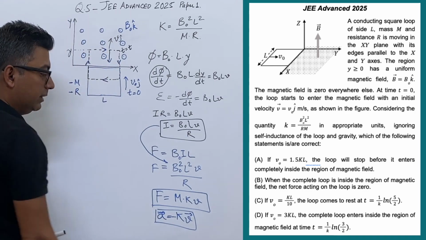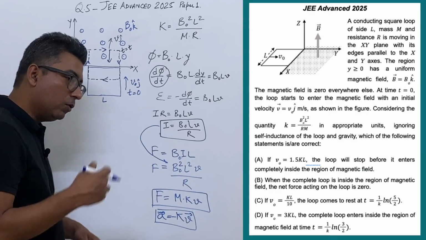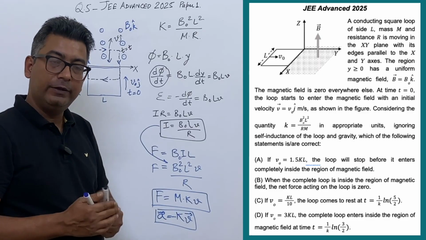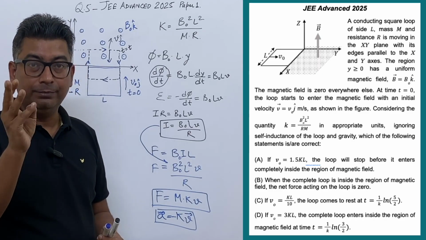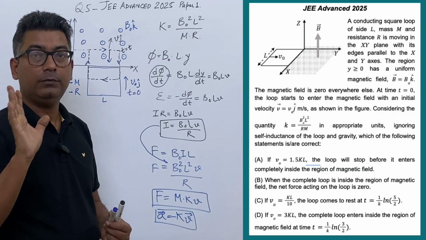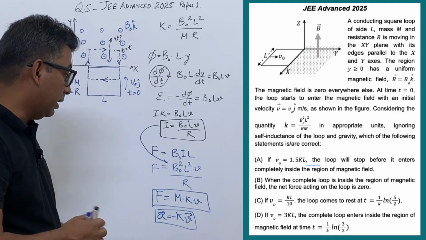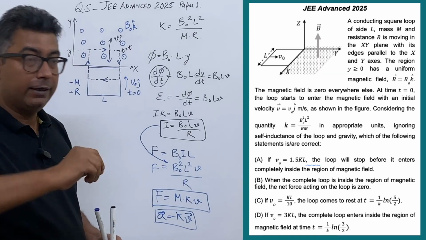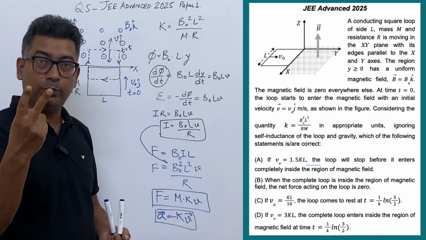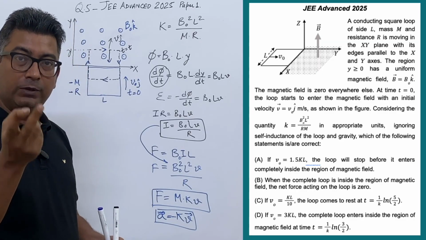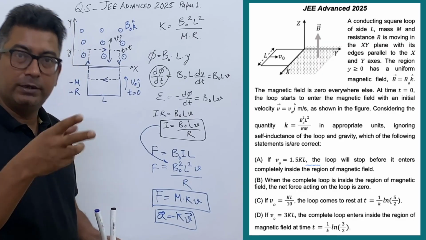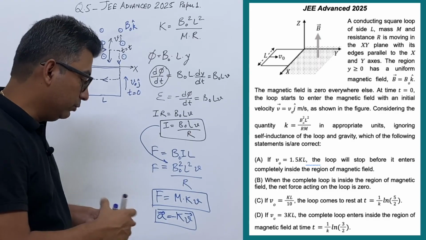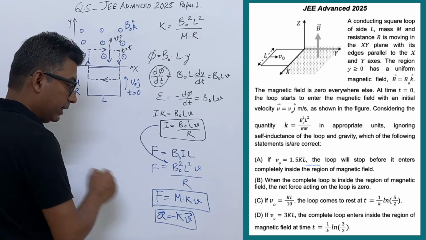Now we have this value A. If you look at the options, they ask you for time and for position. So two things we need to know, and what is given is the velocity. That means we need to find two equations which relate velocity and time, and velocity and position. So how do we do it? We have to use this A.